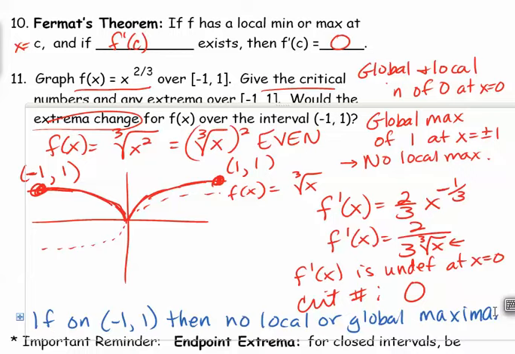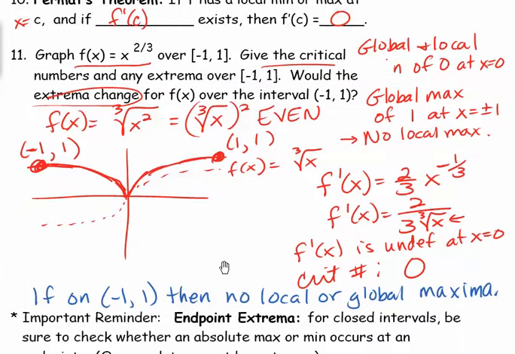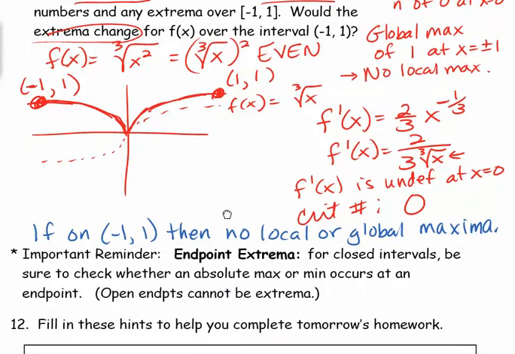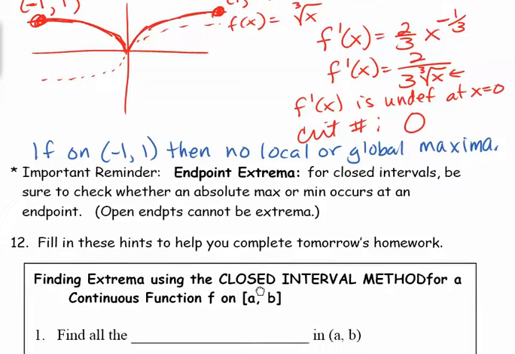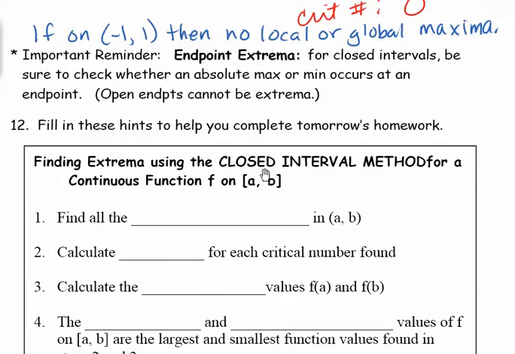That would answer that, since we would lose our closed endpoints. They would be open endpoints. All right, so again, a reminder on endpoint extrema that if you have a closed interval, your global max and mins can be at the endpoints.